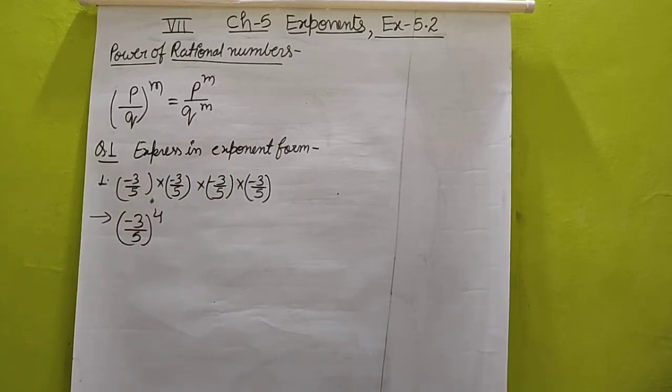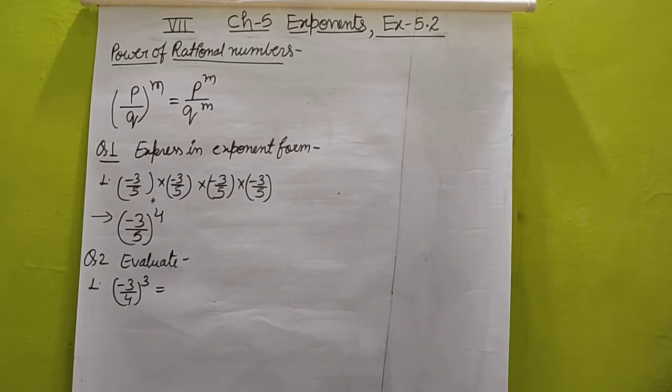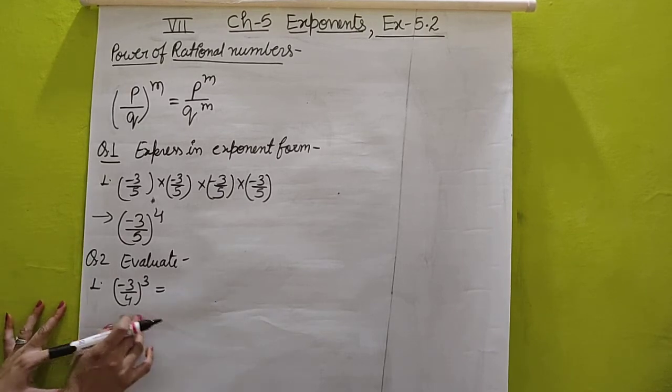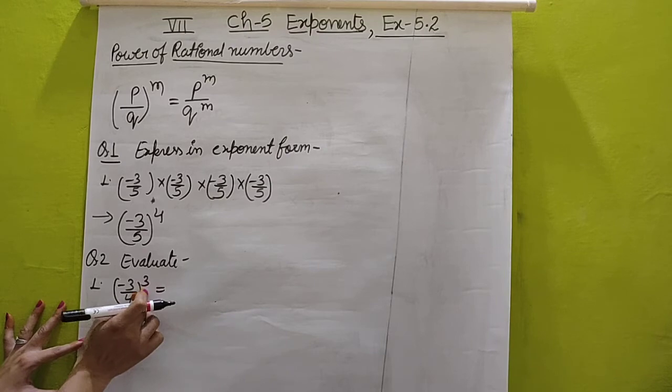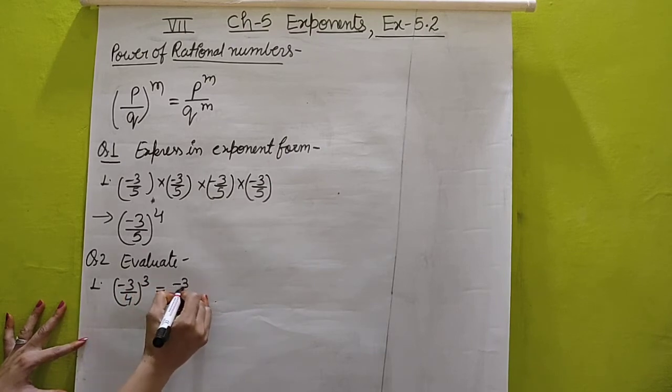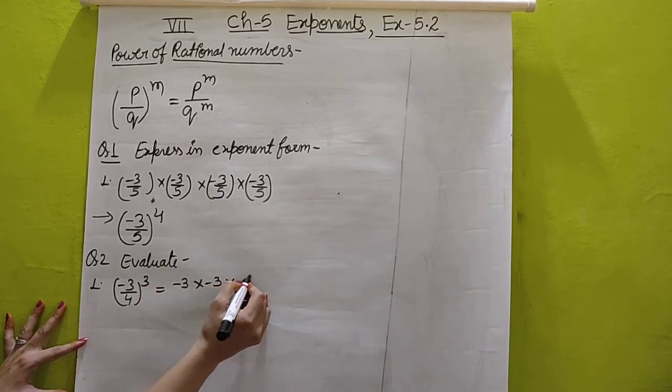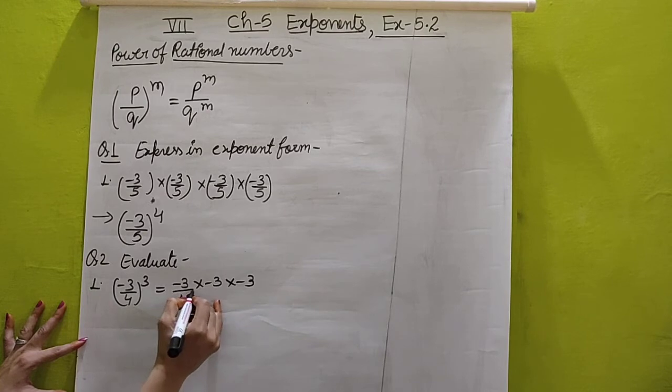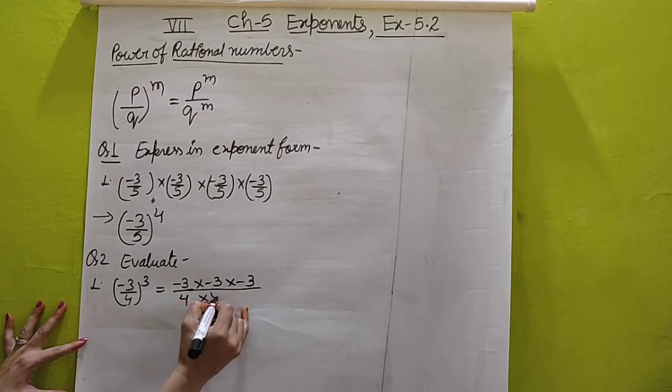Okay students, now question number 2, evaluate. In question number 2 students, part 1 is minus 3 upon 4 raised to power 3. So students, first of all what we will do, we will remove this power. So minus 3 multiply minus 3 multiply minus 3 downside 4 multiply 4 multiply 4 we can write students.